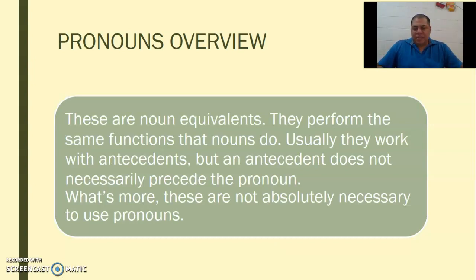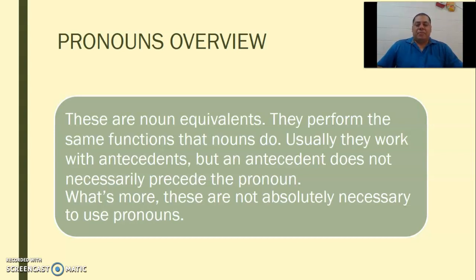They do the same things that nouns do, and usually they work with antecedents. What is an antecedent? An antecedent is the word that the pronoun is taking the place of.